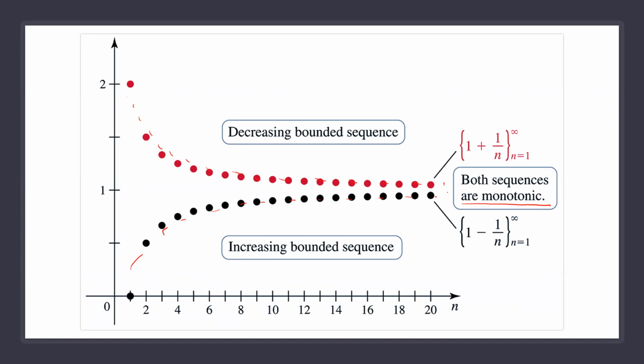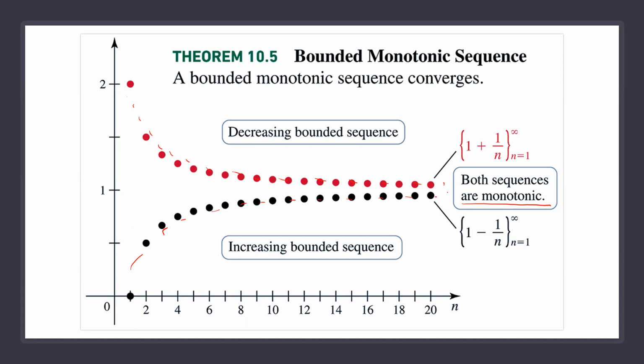And the theorem, as I mentioned, that is almost as critical as the squeeze theorem is the BMS. BMS, not PMS. PMS is what I do. BMS is what sequences do. BMS converges, meaning a bounded monotonic sequence converges. And that's a theorem that has been proven.